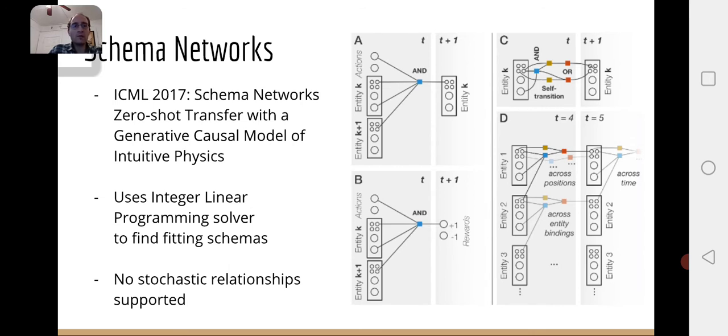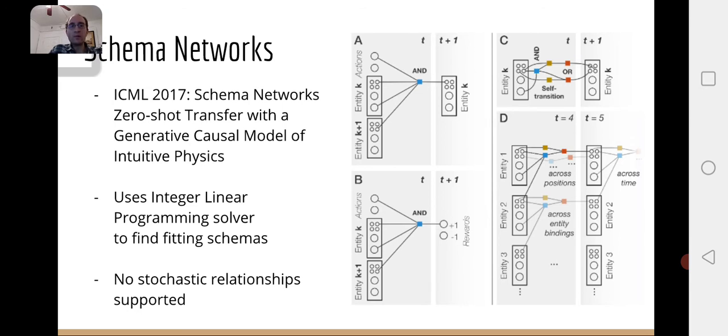And what they use is an integer linear programming solver to find fitting schemas which are consistent with the observations in the entire history of the agent. Of course, this does not really work well in stochastic environments, because there might not be such schemas that will be consistent with all your observations, especially not in stochastic environments. So this is a limitation.